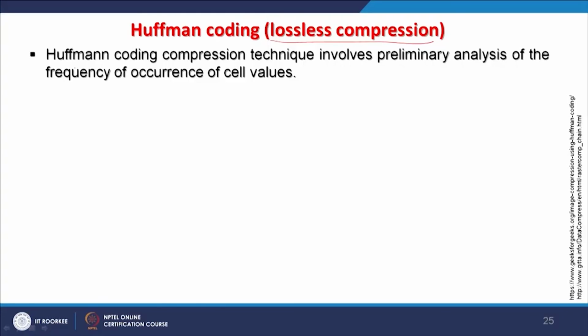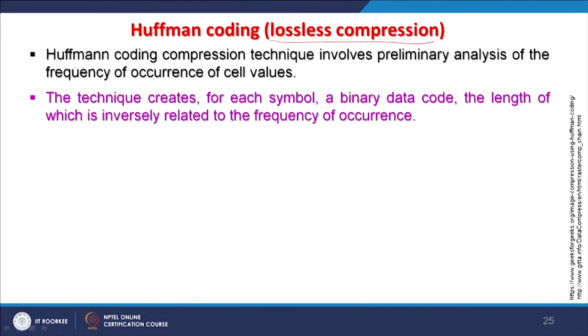So, in this Huffman coding compression technique involves preliminary analysis of frequency of occurrence of cell values. Every technique first will analyze the image. As soon as it is given to the system, it will analyze, and accordingly, whatever option you choose, it will do the next step. So here also it is analyzing the frequency of occurrence of cells, how frequently the same value cell is appearing.